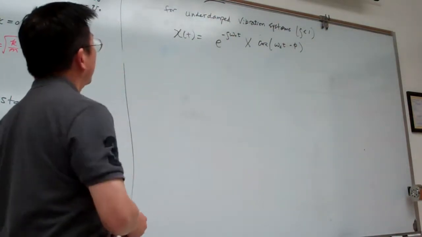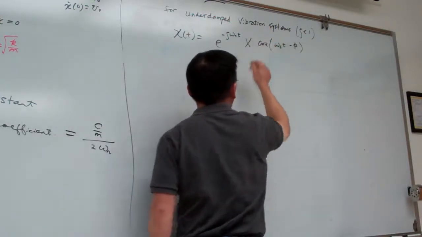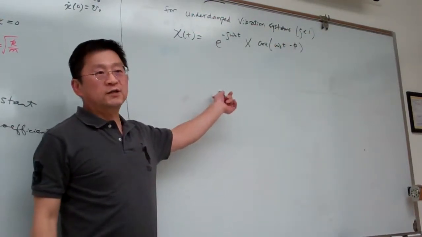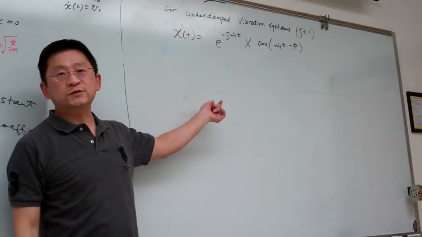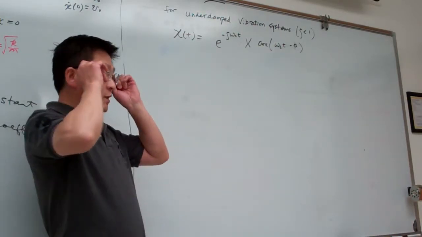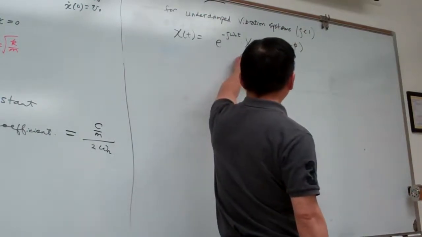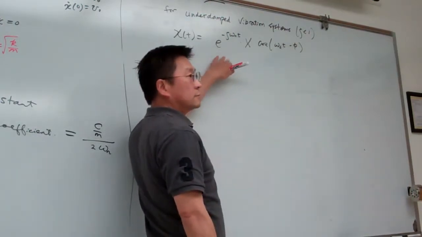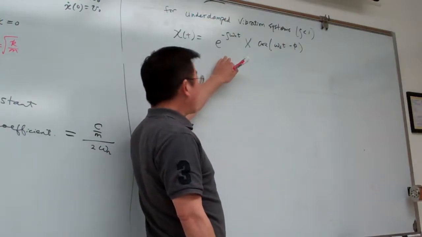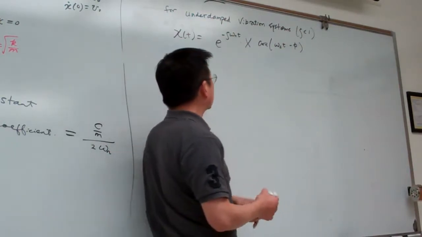Okay. So here I simply copy that form to here. I want to give some explanation of what this form represents. From here you can see we can do some analysis about what each term means.